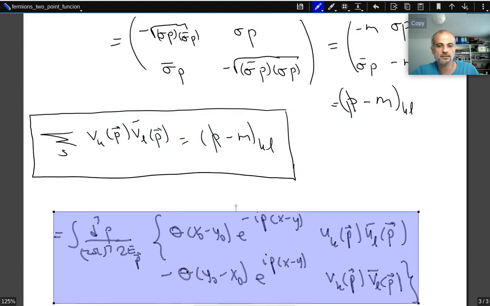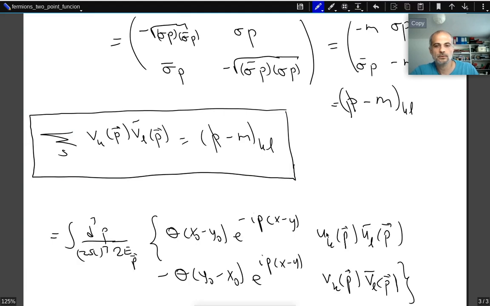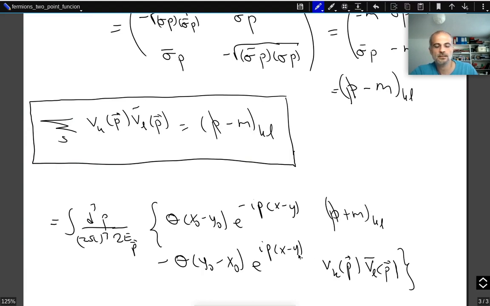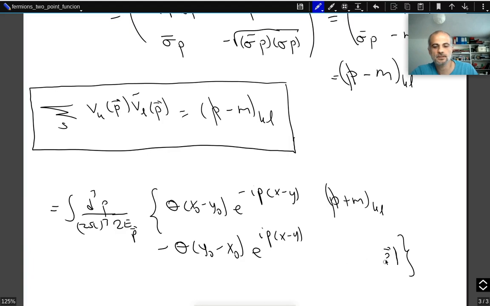So we were calculating this one. Now I know that this whole thing is p slash plus m, KL element, and this whole thing is, let me take the minus out, m minus p slash, KL element.